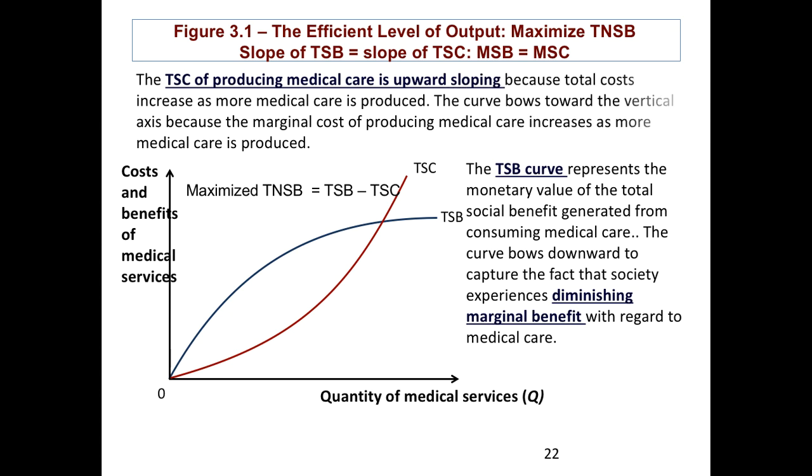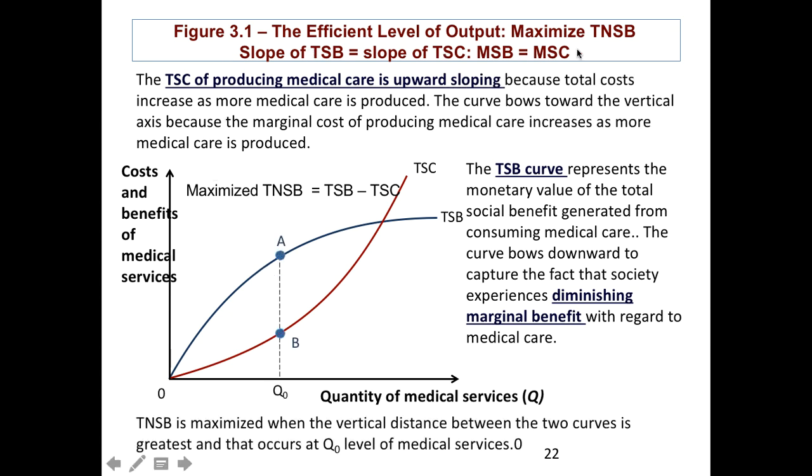If we wanted to show that graphically, the efficient level of output is where we maximize the total net social benefit. That means the subtraction between the total social benefit and total social cost, the difference between these two, gives us the efficient level of output, where this difference is the biggest.